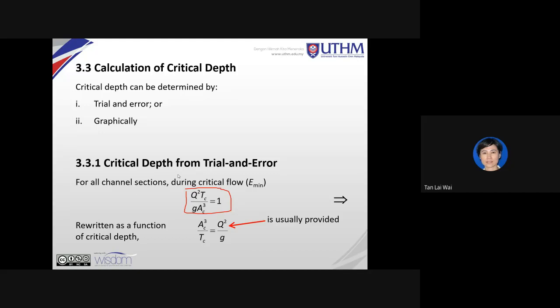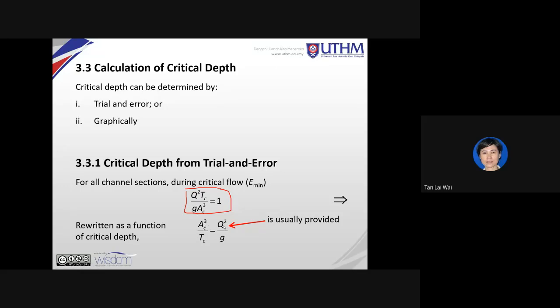We put A R to the power of 2/3 on one side and we have Q n over S naught to the power of half on the other side, because we said the section factor is a function of depth of flow. So we want to find the depth of flow, we arrange our expression. In this case as well, this is written as a function of critical depth of flow.